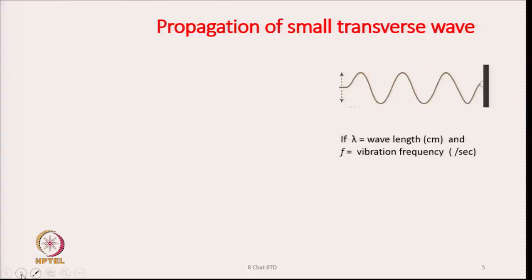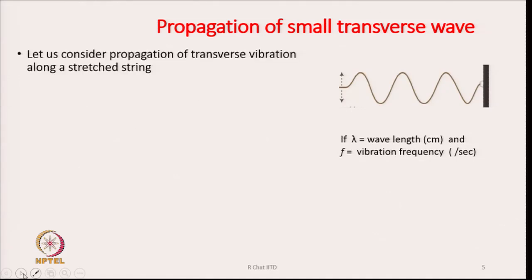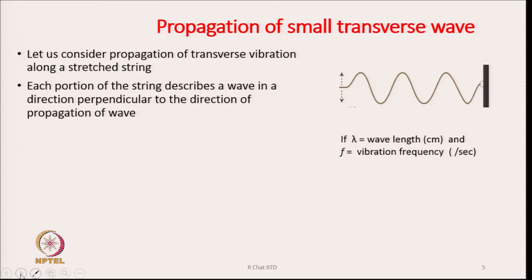Now, from there we will first discuss the propagation of a small transverse wave, because a spinning balloon, we will see, we can consider to be a kind of wave. Those who have studied waves and still remember, in your class 12, these are the very basics of wave propagation.